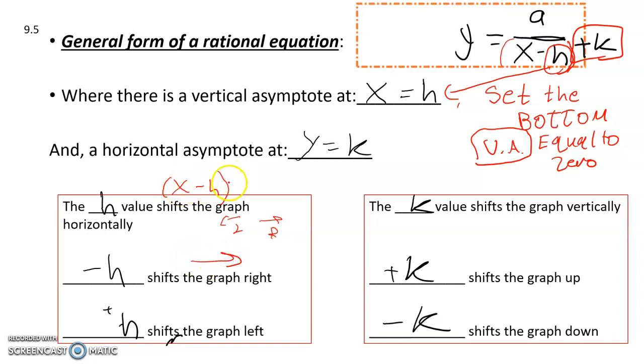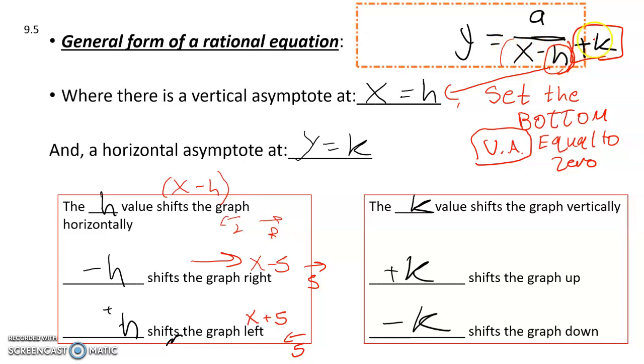So if you say x minus 5, it's going to shift it right 5 spaces. If it's x plus 5 on the bottom, it's going to shift it left 5 spaces, okay? So it's kind of opposite thinking. Mostly when we think of right, we think of positive. When we think left, we think negative. But if it's on the bottom of the fraction, it's going to be opposite, essentially, okay?